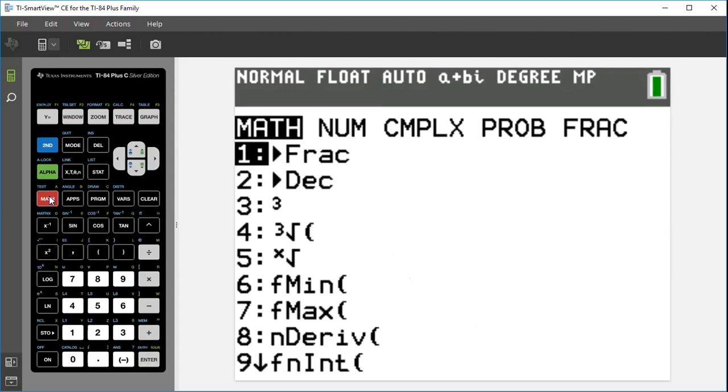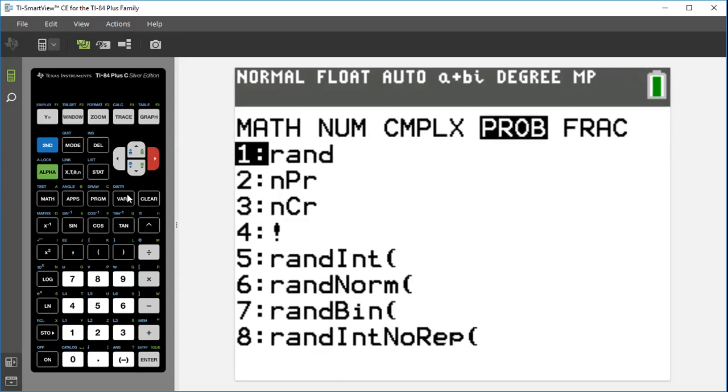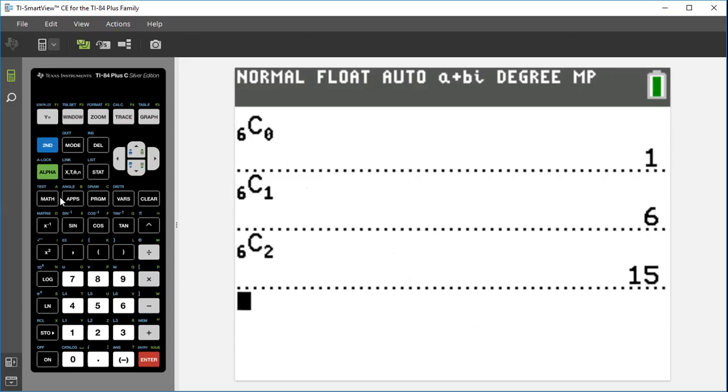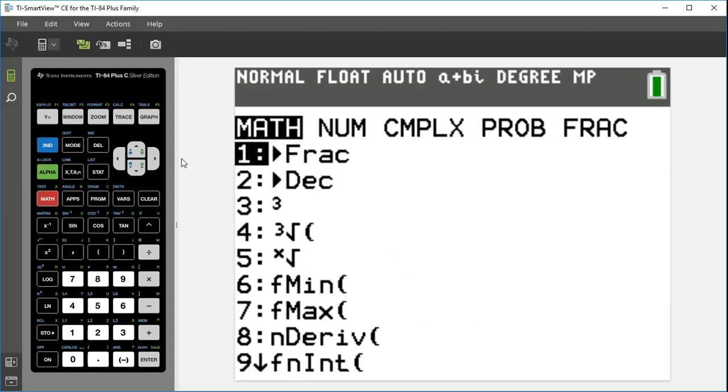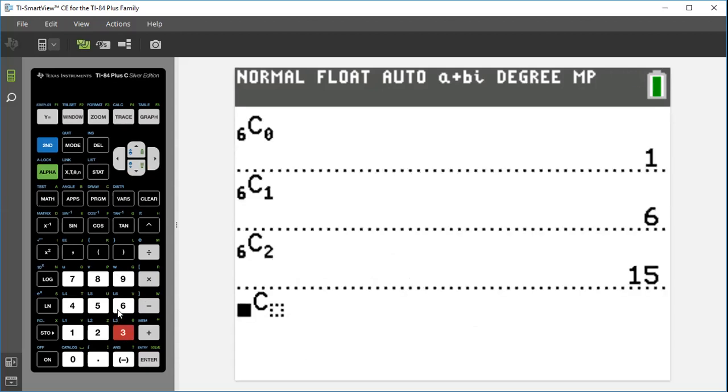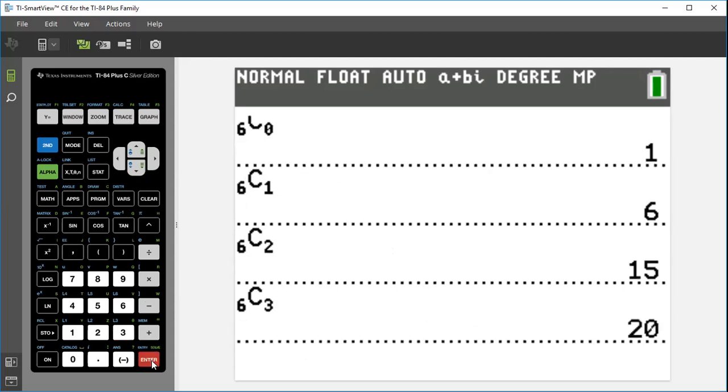So math, over to probability, and we're going to go 6 choose 2, equal to 15. I'm going to do one more, and then I have a pattern here that's emerged. So I have 6C3, and then it goes back down from there. So my coefficients in the front are going to be 1, 6, 15, 20, and then 15, 6, and 1.